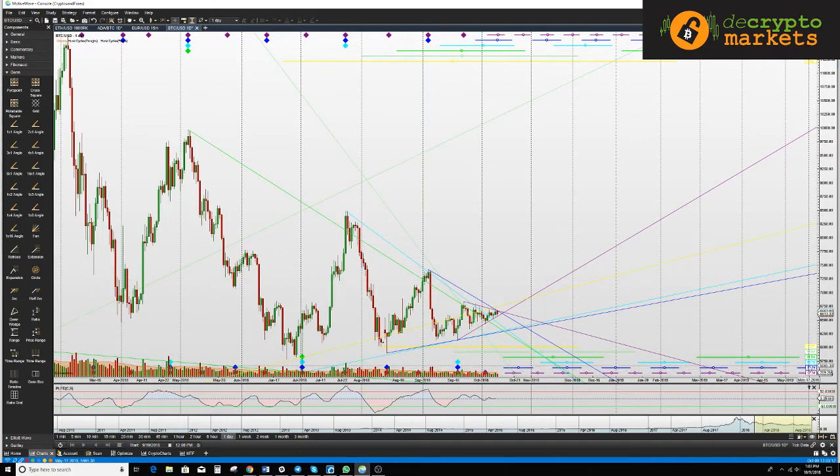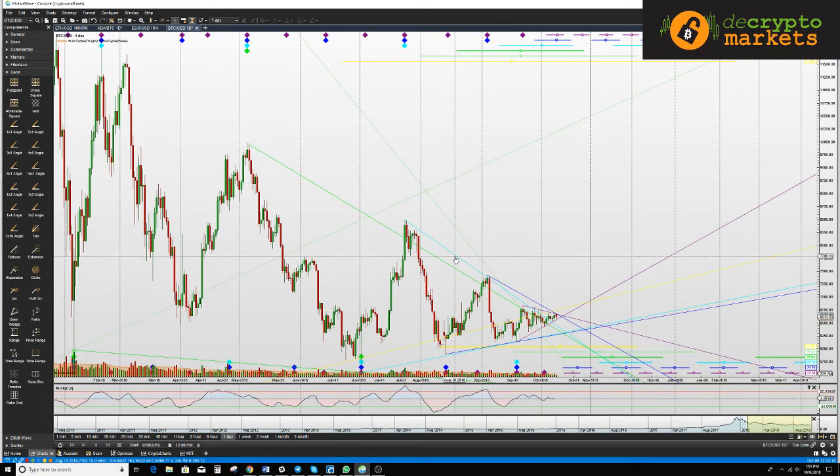Then the blue is a 38-day cycle. The teal is an 80-day cycle. The green is a 20-week. Then there is a 40-week, which is the lighter green here. And the yellow is finally an 18-month cycle.